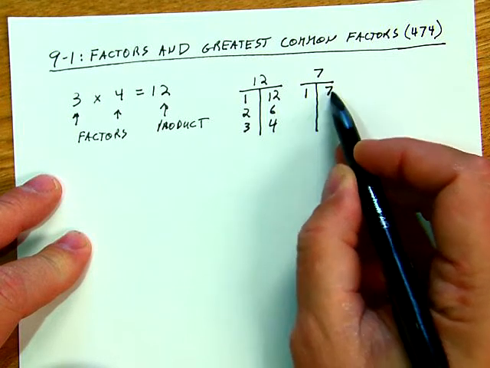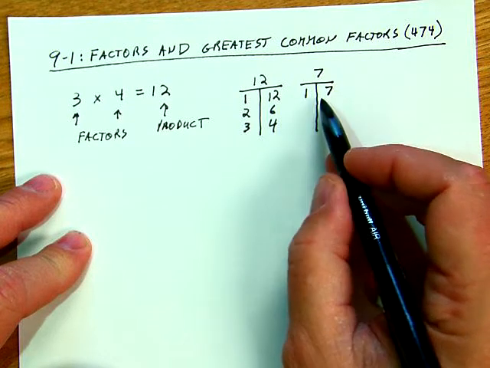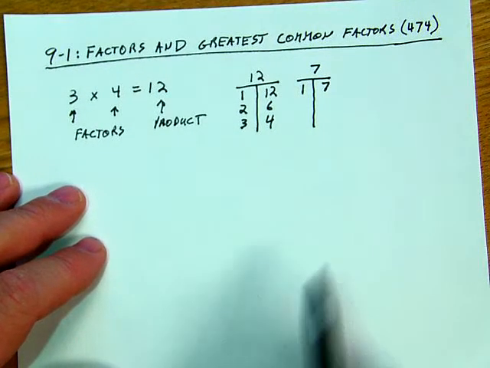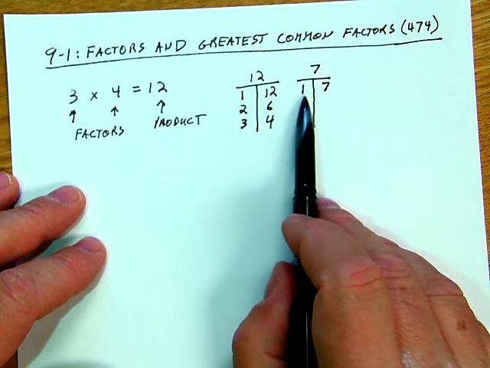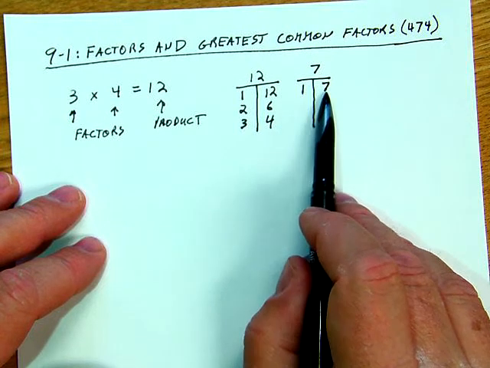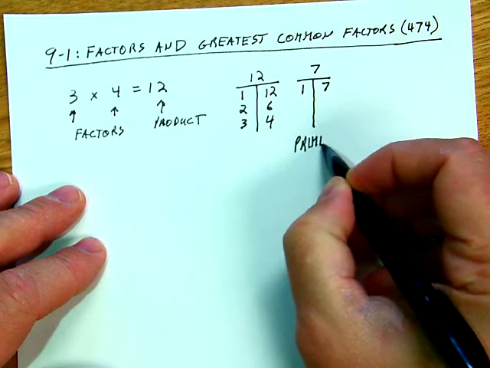Well, 7 already appears here, so we know we're done. There's a special name for numbers like this, where when you factor them, the only things that factor into them are the number 1 and themselves. These numbers are called prime.